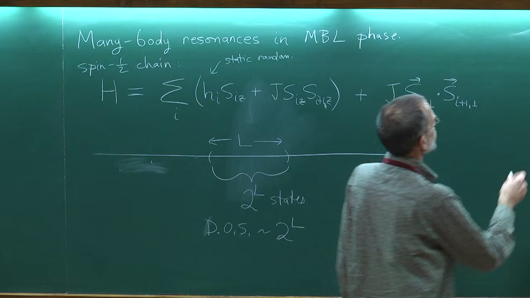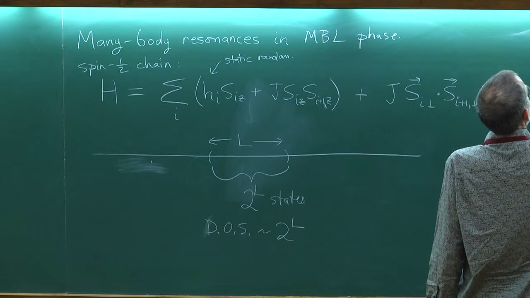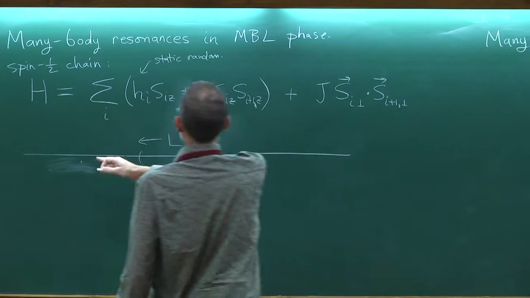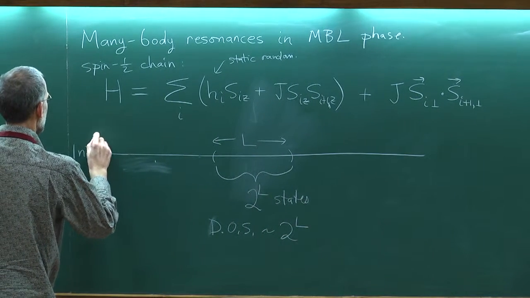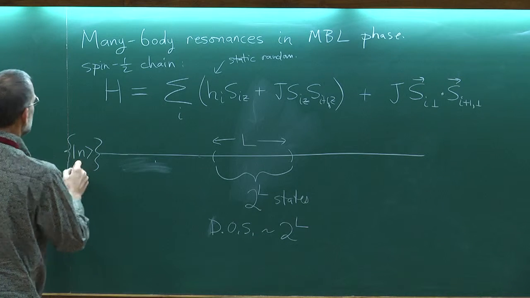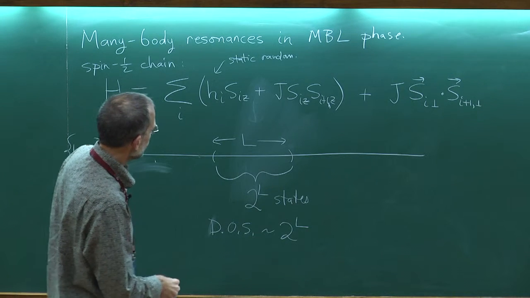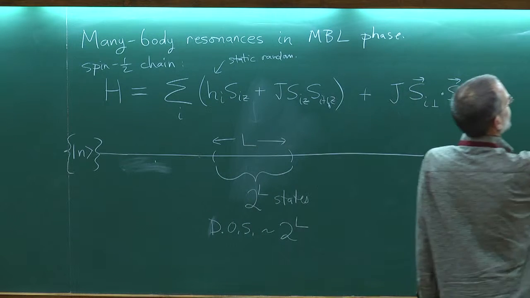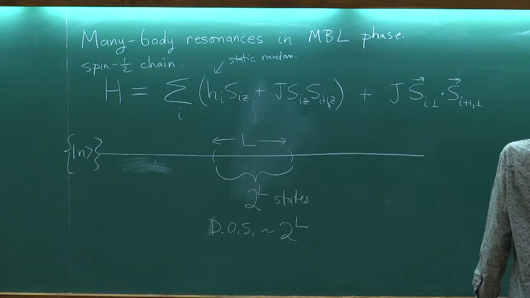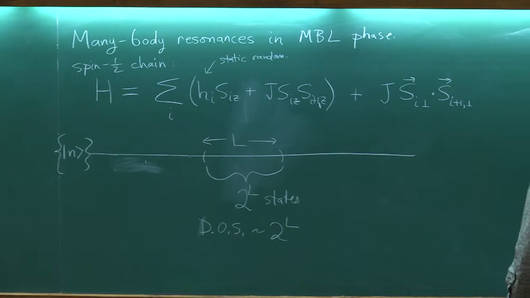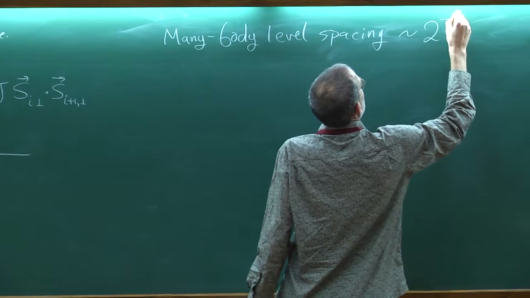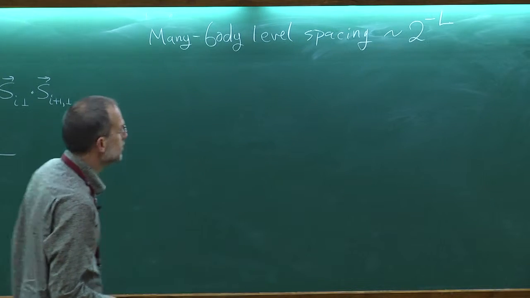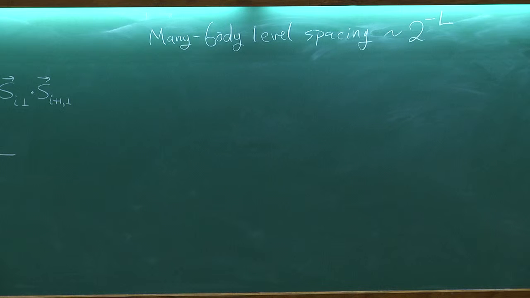And so what that means is that amongst these states, we have a many-body energy level spacing which goes as 2 to the minus L, at least as far as its exponential dependence on L.